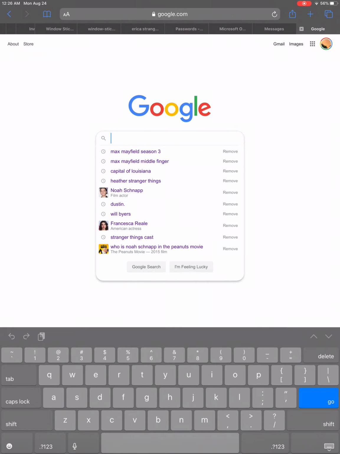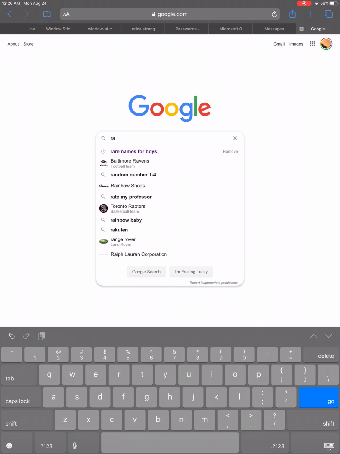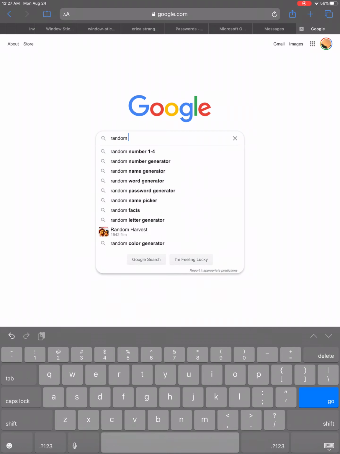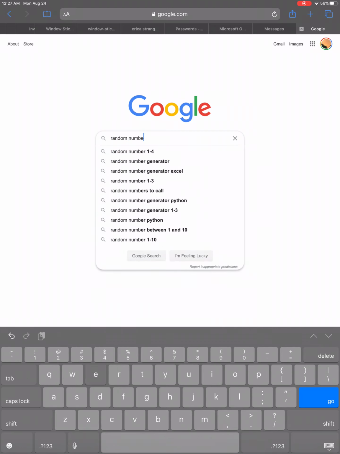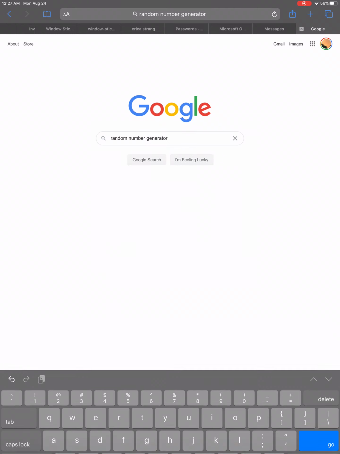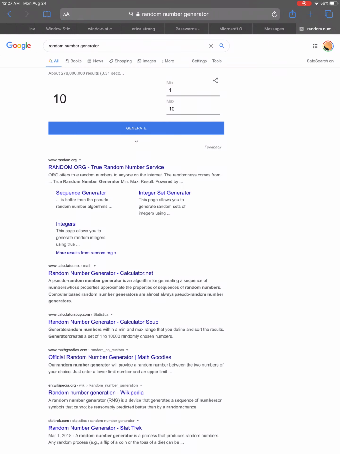If you just type random number generator, Google actually has one on there. So if I wanted to generate a number between 1 and 10 and I hit the generate button, it gives me 8. And if I keep hitting it, it'll give me different numbers.